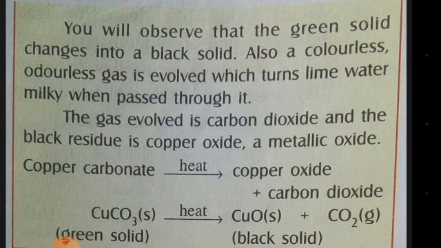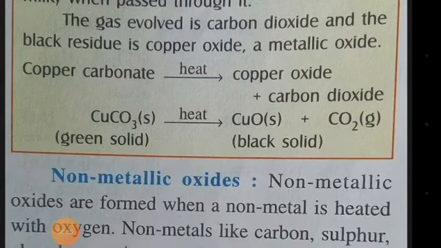So if colorless lime water turns milky, then you can be sure that it is carbon dioxide. The gas you have passed is carbon dioxide. So the gas evolved is carbon dioxide, and the black residue is copper oxide, a metallic oxide.